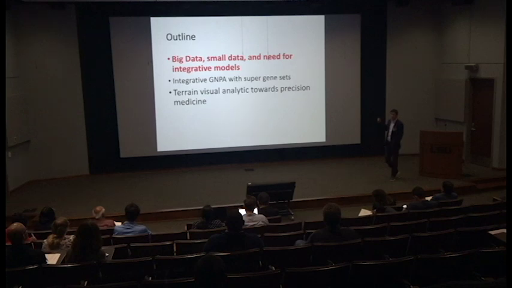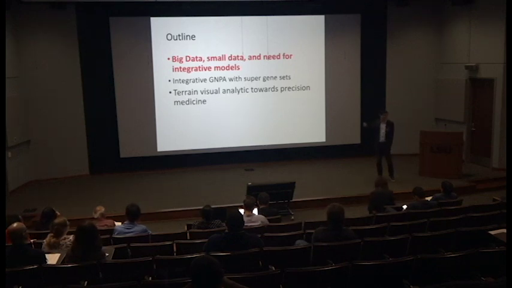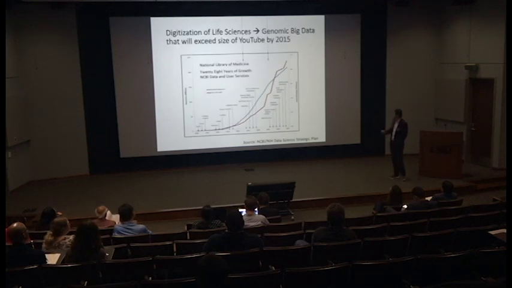Today I'm going to break up my talk into three sessions. The first is about big data and small data and the need for models. And the following two sections will talk about our research in integrated gene ontology, network, and pathway analysis tools. Yesterday one of our keynote speakers already used this slide.